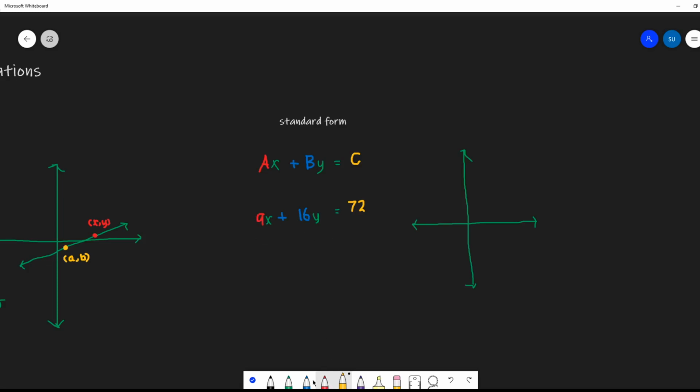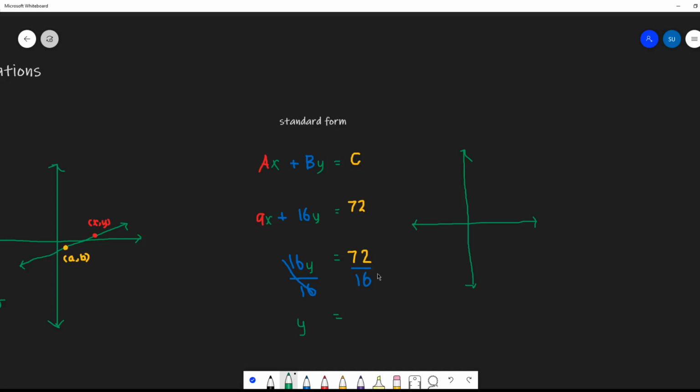So we're left with just 16y equals 72, right? And now what we can do is solve for y, so divide both sides by 16, and you get y equals 72 divided by 16, which you can simplify.